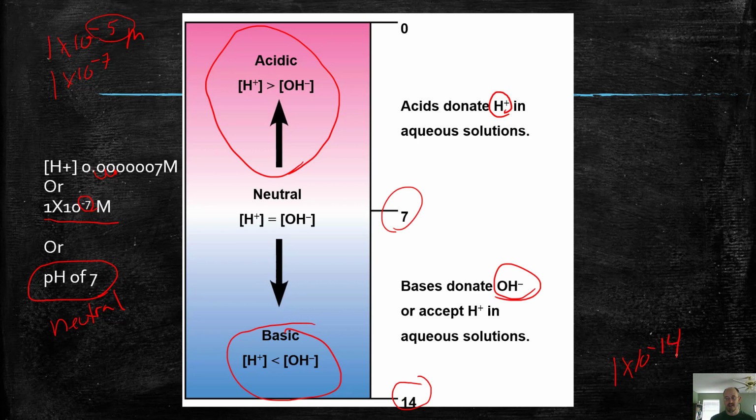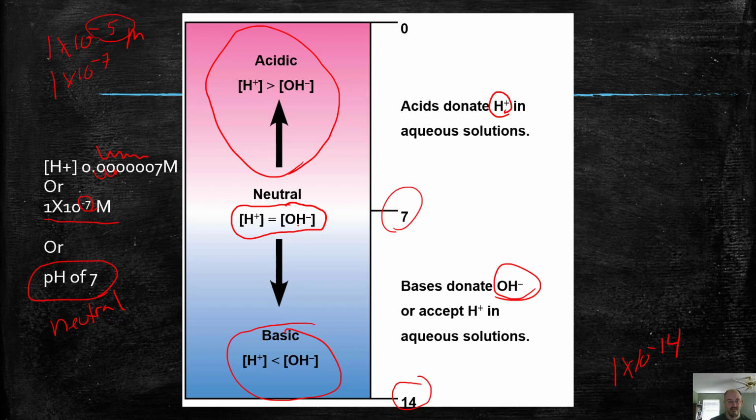Super basic is 1 times 10 to the negative 14 hydrogen ion concentration. That would mean there are 14 leading zeros here. That would be a really tiny amount of hydrogen ions floating around. And what's kind of cool is when you look at neutral pH, the concentration of hydrogen ions equals the concentration of hydroxide ions.